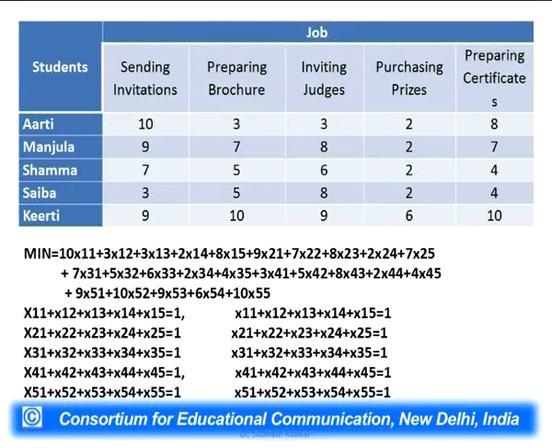So, that is why the first constraint is x11 plus x12 plus x13 plus x14 plus x15 equal to 1. Second row: x21 plus x22 plus x23 plus x24 plus x25 equal to 1. x31 plus x32 plus x33 plus x34 plus x35 equal to 1. x51 plus x52 plus x53 plus x54 plus x55 again equal to 1.